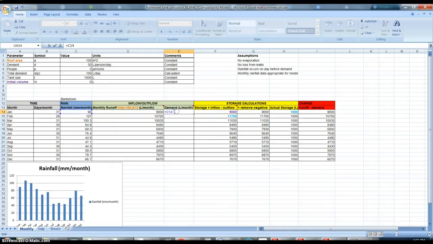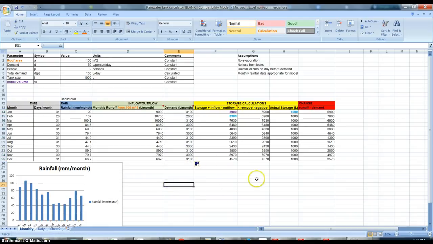No, it's not. It's going to be the demand per day times by the number of days. That's it. So we've got the demand per day times by, yep, that's right. Alright, so again we're just going to lock this in and drag this down.